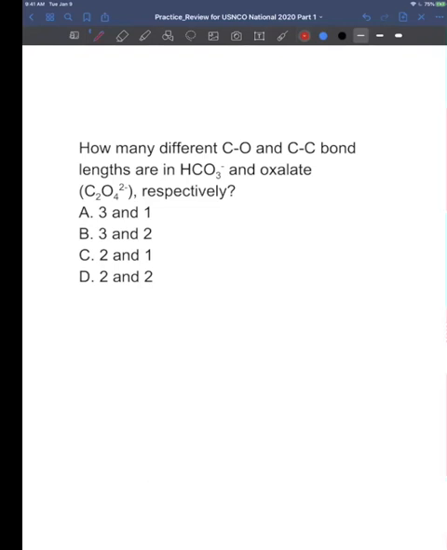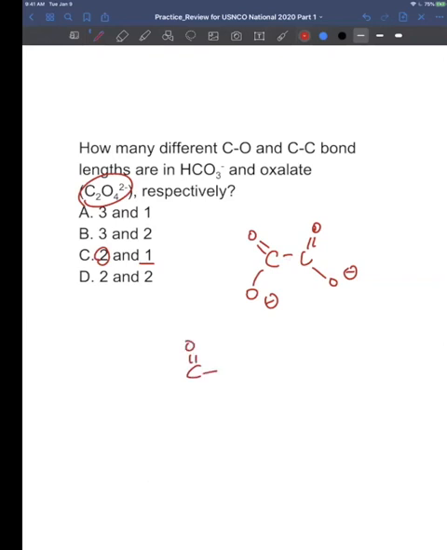Okay, a few seconds. Okay, the correct answer is C. For bicarbonate, there are 2. For oxalate, there's only 1. We all know oxalate is this stuff, right? So there are multiple resonance structures, so which means all of the CO bonds are the same, with an average bond order of 1.5.